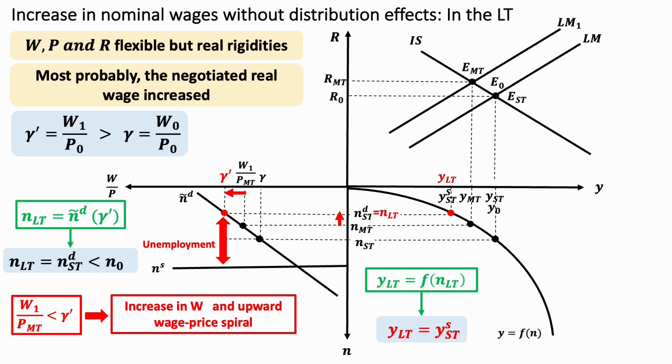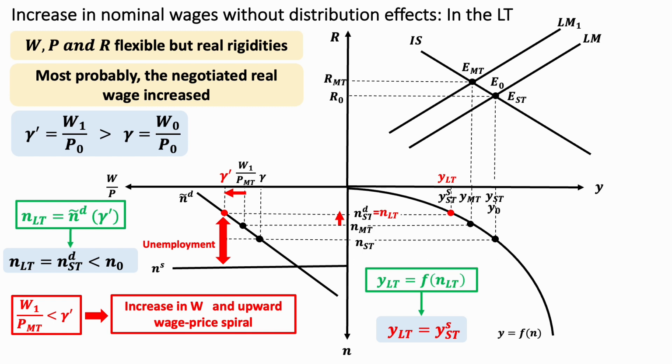The economy reaches in the long term the level of desired production that was determined in the short term. The level of output Y long term is therefore completely determined by the supply side, and is equal to YS short term.